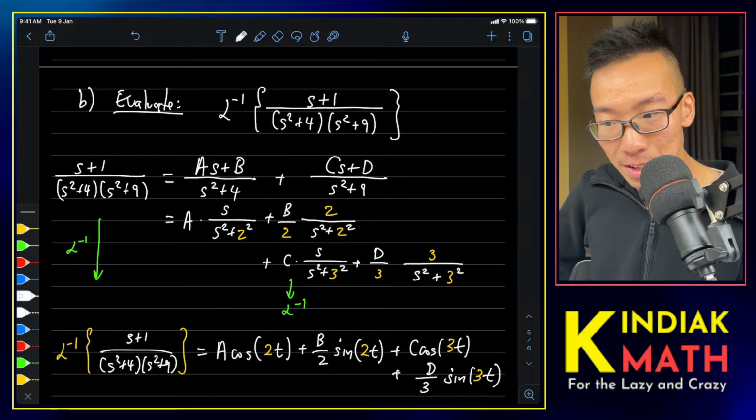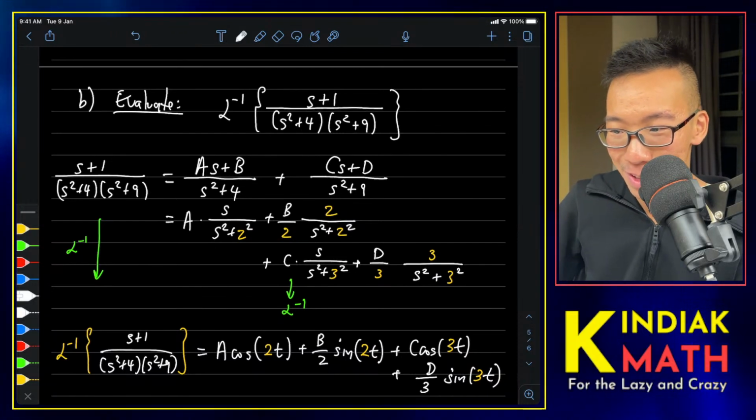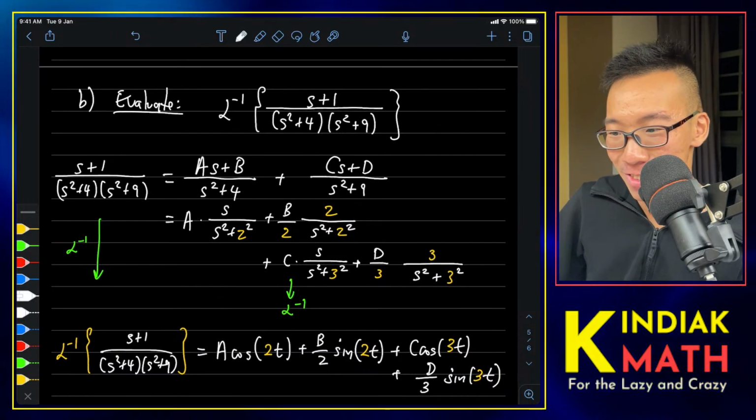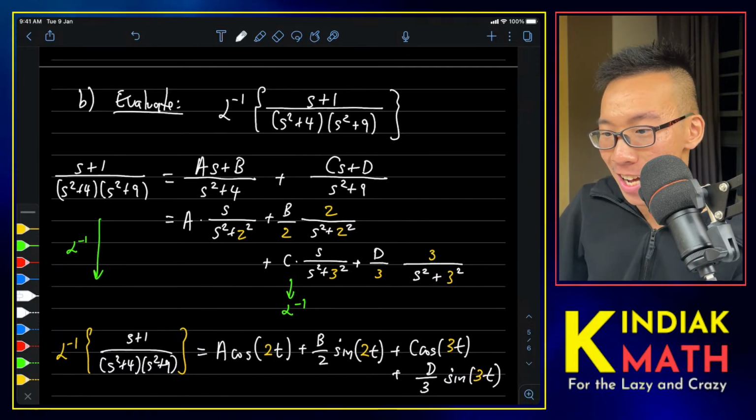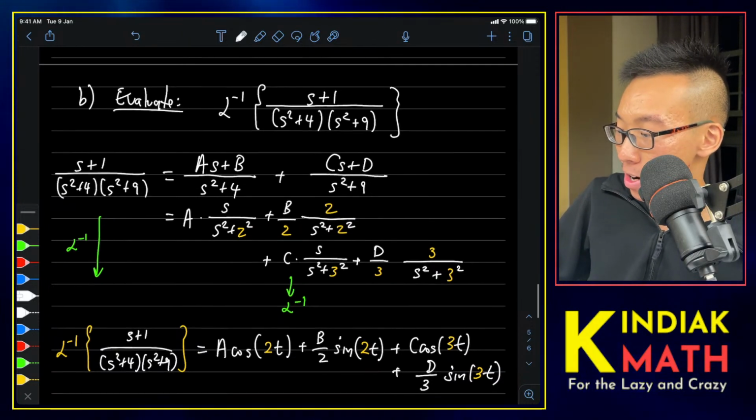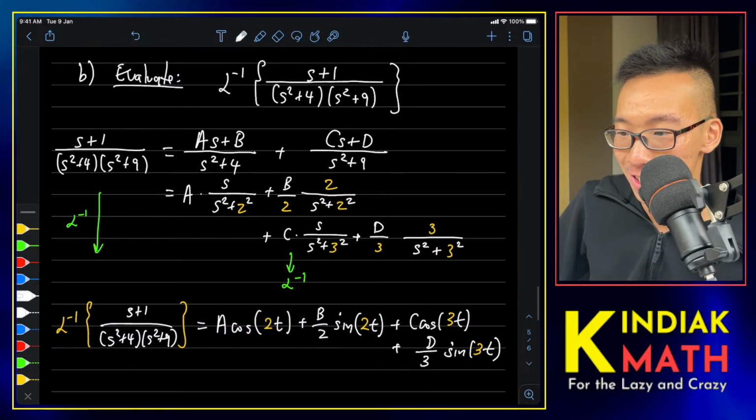And that is the inverse Laplace transform. That is really the answer, and you would get some partial credit for this calculation.